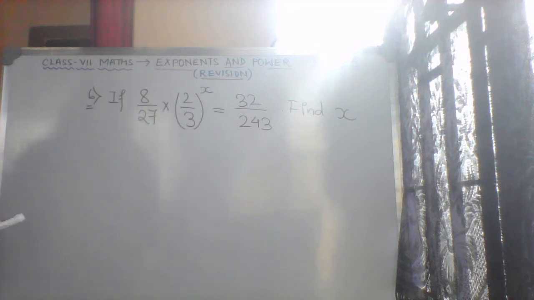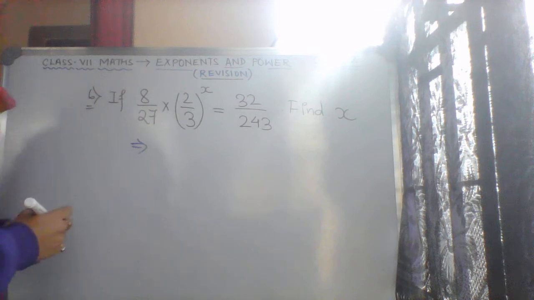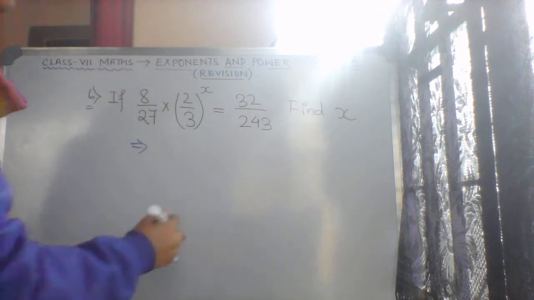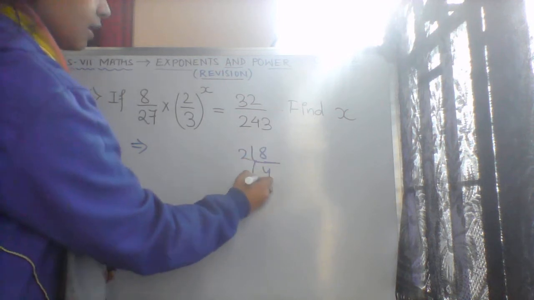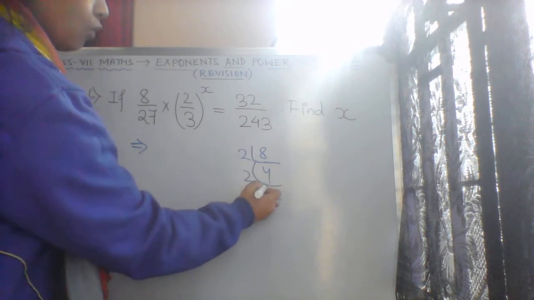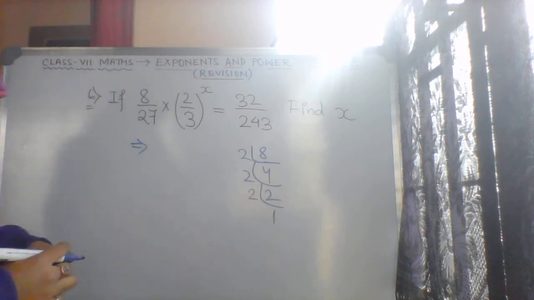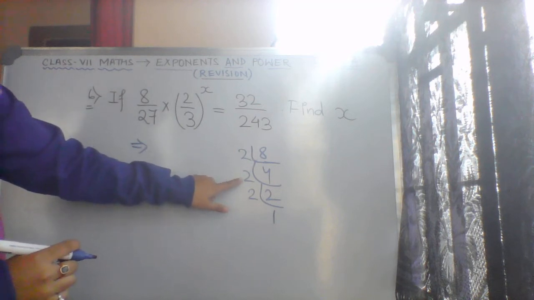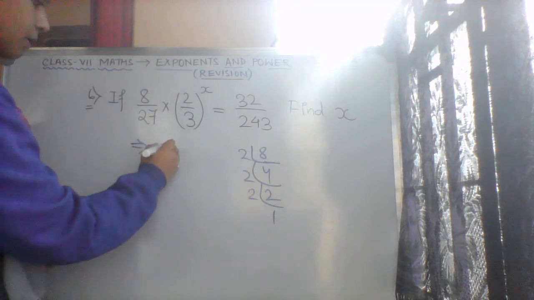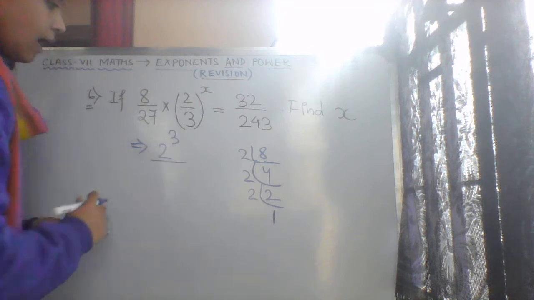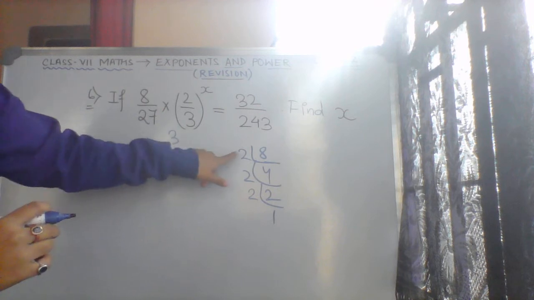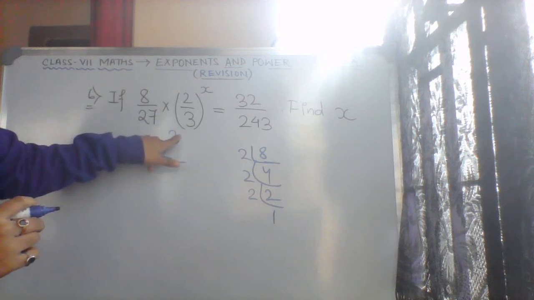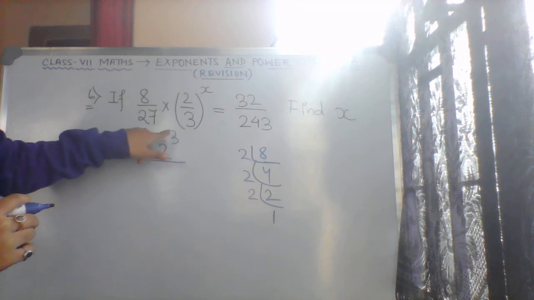So we will go for that first. Here 8: 2 fours are 8, 2 twos are 4, 2 ones are 2. So 8 can be written as 2 into 2 into 2, that is 2 to the power 3. 2 is multiplied 3 times, so that many times we write in the power.